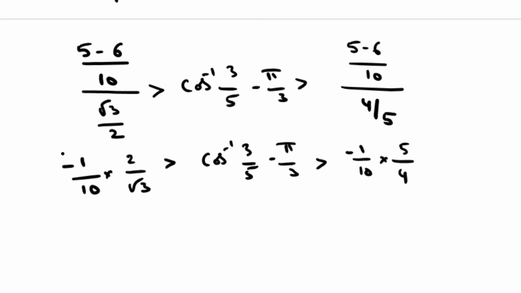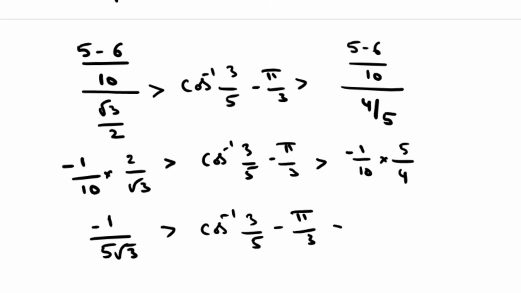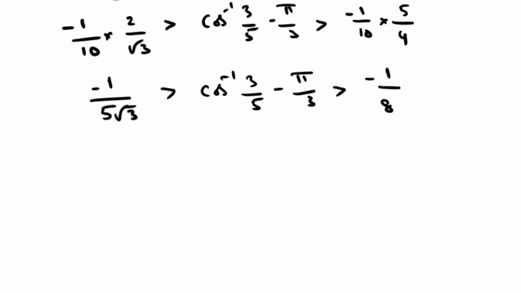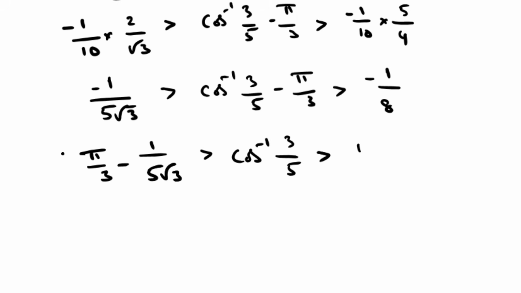Here this value is minus 1 by 5 root 3 greater than cos inverse 3 by 5 minus pi by 3 greater than minus 1 by 8. Now adding pi by 3 on both sides, pi by 3 minus 1 by 5 root 3 greater than cos inverse of 3 by 5 greater than pi by 3 minus 1 by 8.